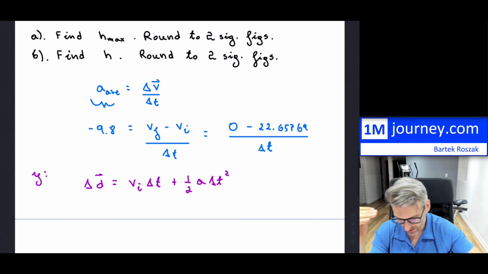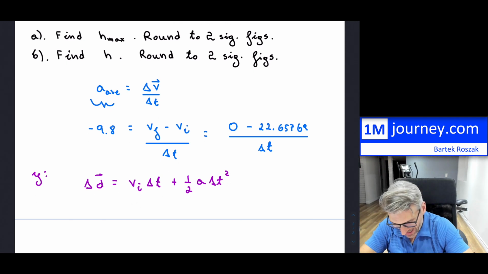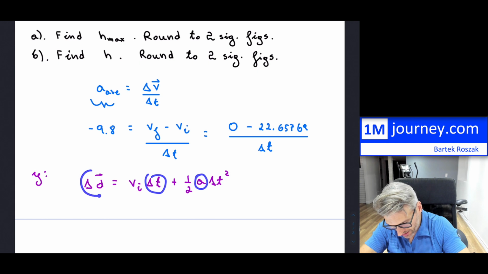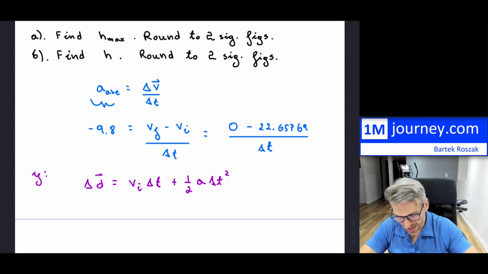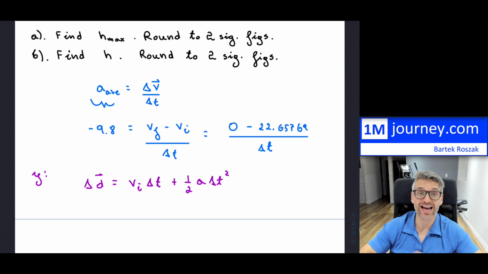I'm avoiding the vectors again here. But here I have this, right? I have this. I don't have this. And I'm trying to find the maximum height possible. But the maximum height happens when your final velocity, or at least the velocity at the peak height, is 0.